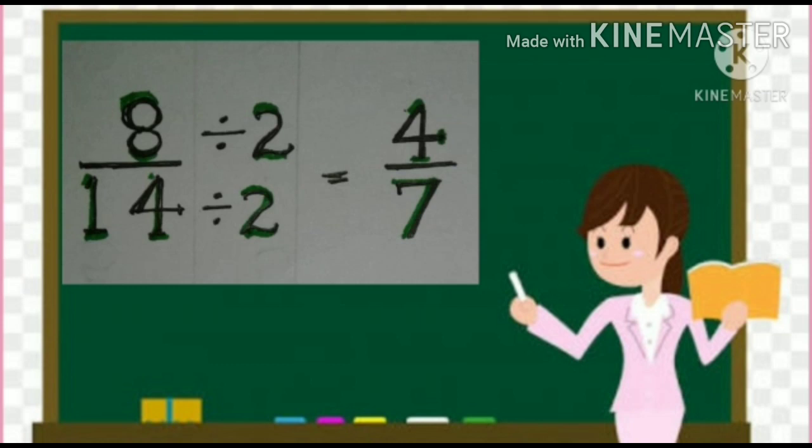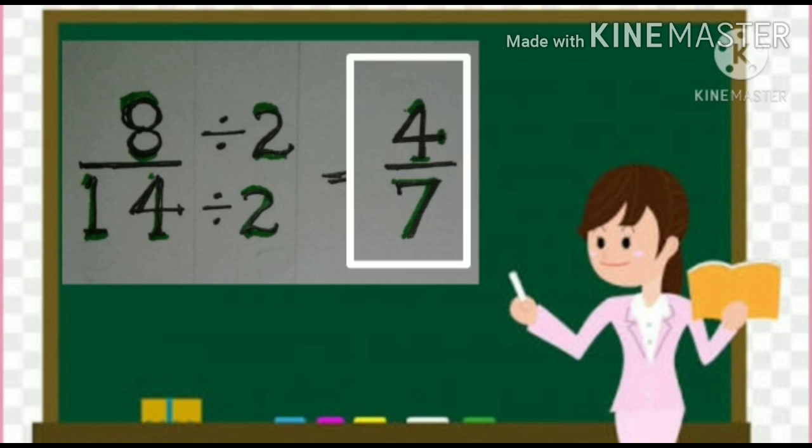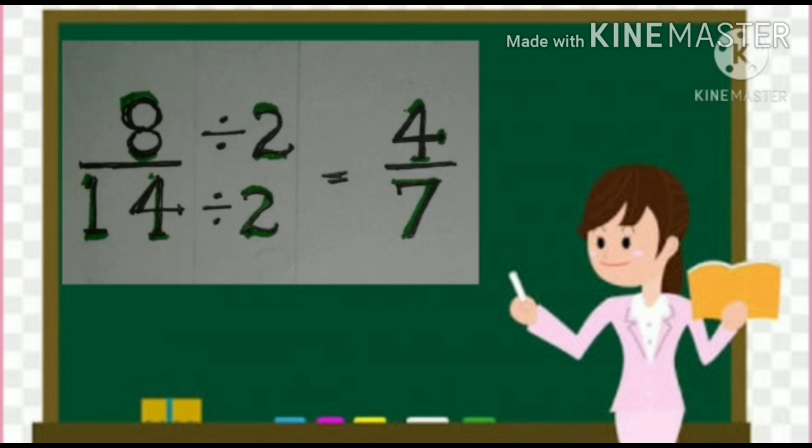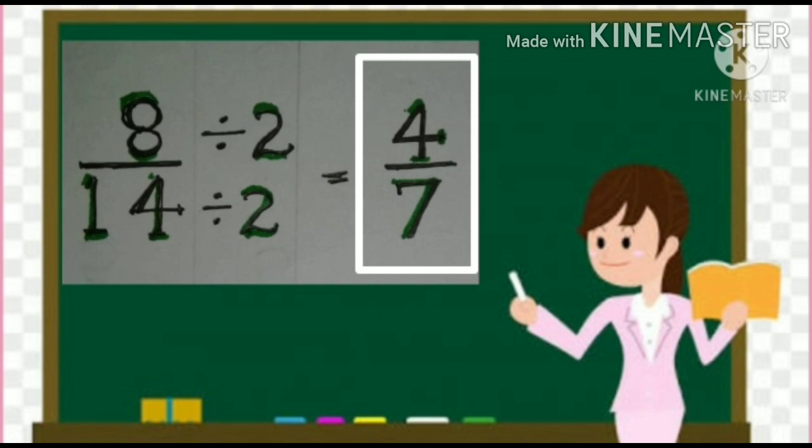Here, both the numbers are even, so we can divide both by 2. 8 upon 14, when both are divided by 2, we get 4 upon 7. Therefore, 8 upon 14 is equivalent fraction of 4 upon 7.